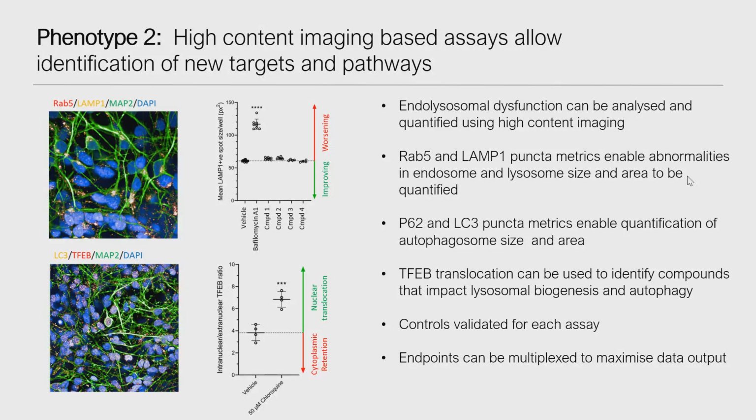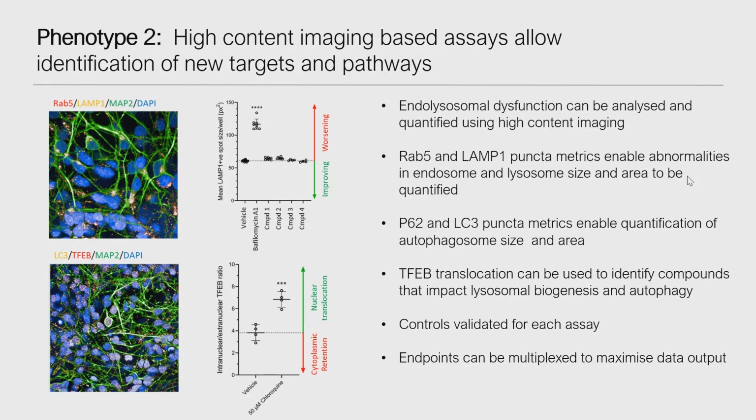So the top graph, you can see the effect of bafilomycin, which is a V-ATPase inhibitor that effectively prevents lysosomal maturation and degradation. So it produces an accentuation of the phenotype. So it causes lysosomes to accumulate around the cell body. And we pick this up really nicely by looking at the LAMP1 positive spot size.